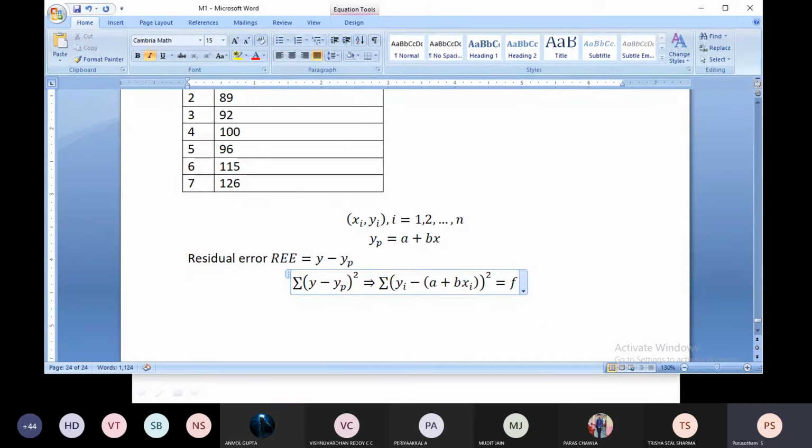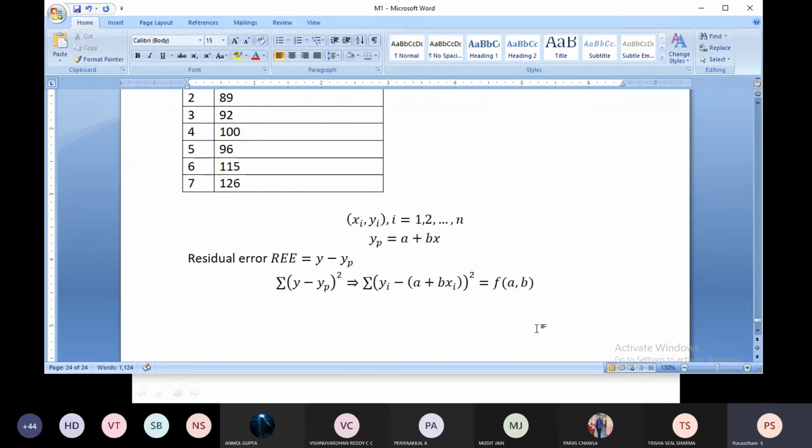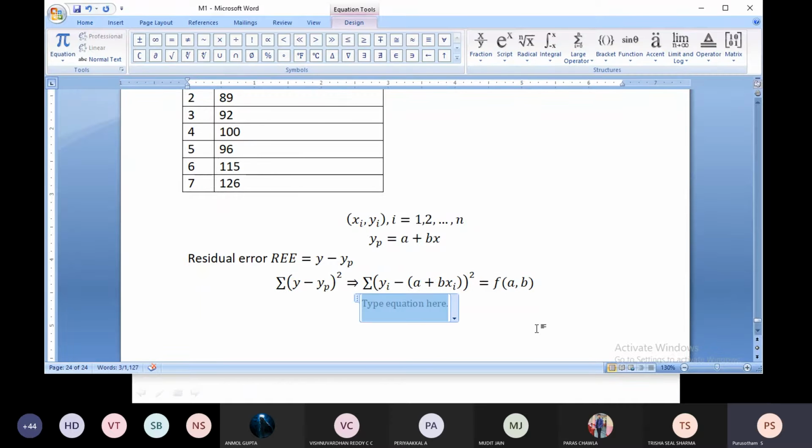Let us suppose I denote this as F(A, B). Now I need to find dou F by dou A, and this partial differential operator should equate to 0. Then what do we get?